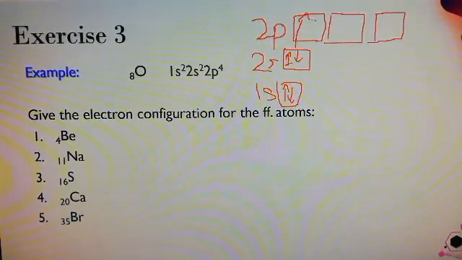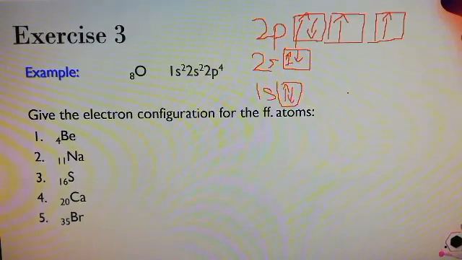Okay. So, fill daw muna natin lahat ng orbitals and we could go back on the first orbital para magkaroon ng saktong 4. So, that's how you do the electron configuration using the orbital box diagram or the orbital diagram box.